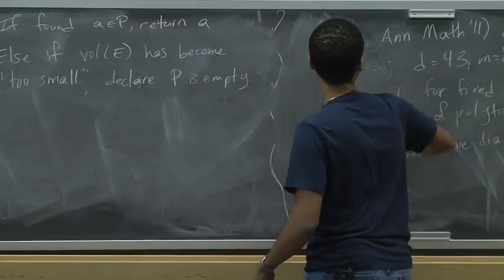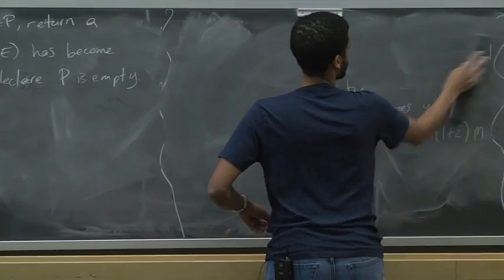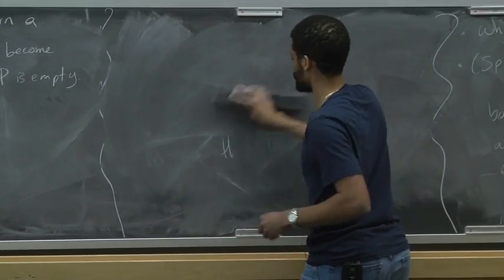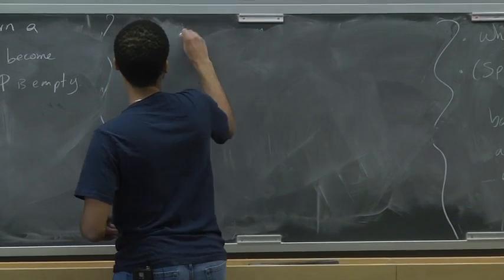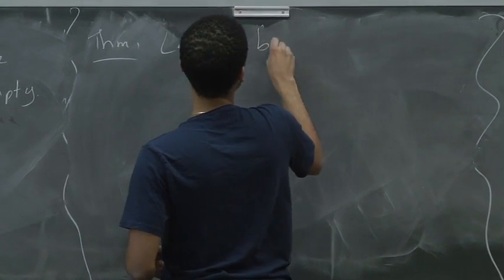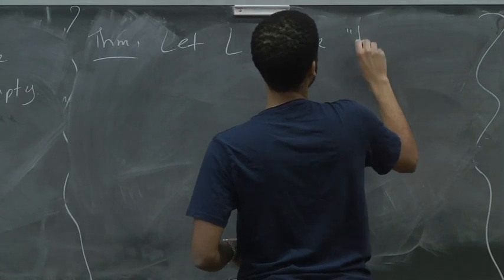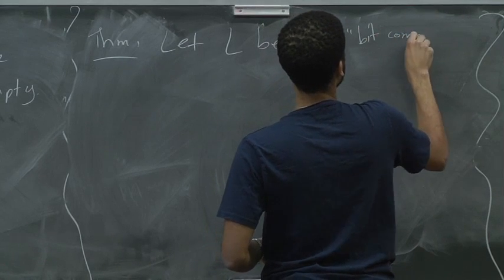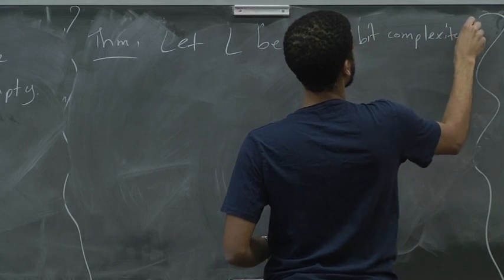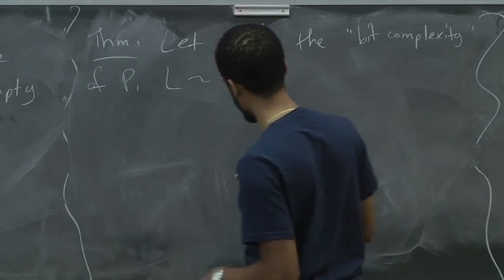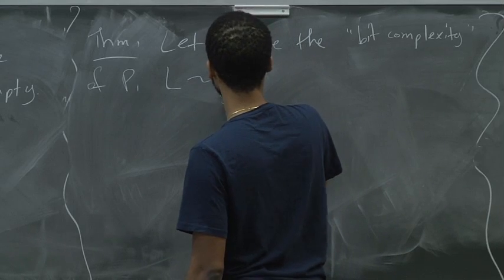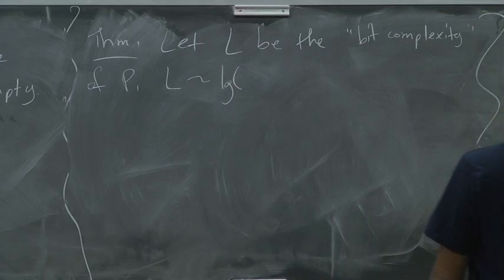So what you actually would do in a pre-processing step is, so theorem, let L be the bit complexity of P. So L is proportional to like log of, so where did I write this polytope?